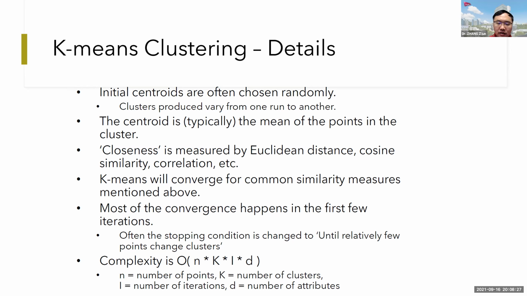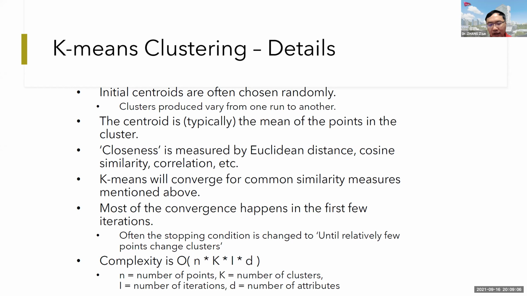And often the stopping condition is changed to until relatively few points change clusters. What does that mean? Sometimes you want to strictly make sure convergence happens by checking that the centroids will not move and the data points in each cluster will not change over a number of iterations. But that's a way too strict condition.